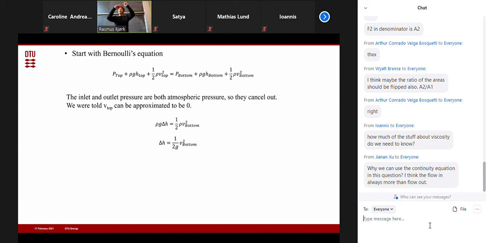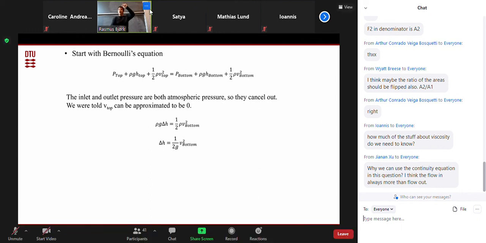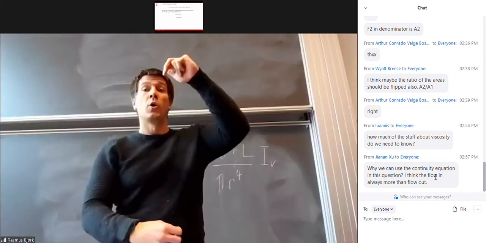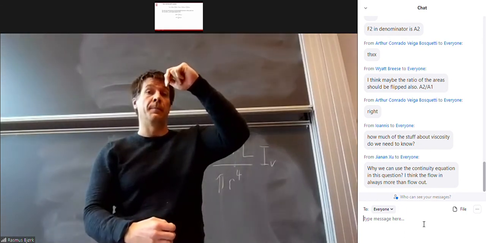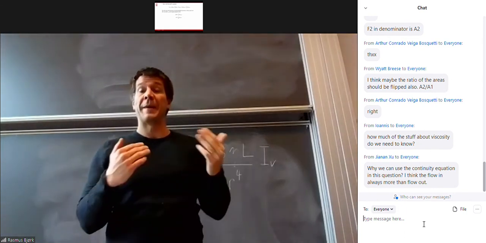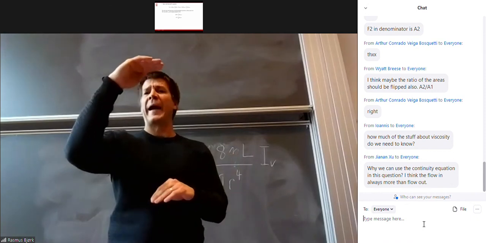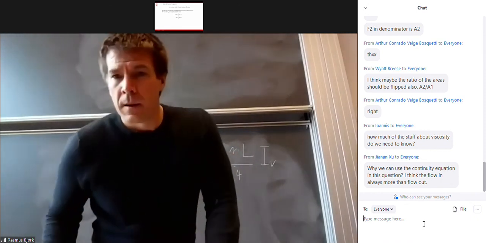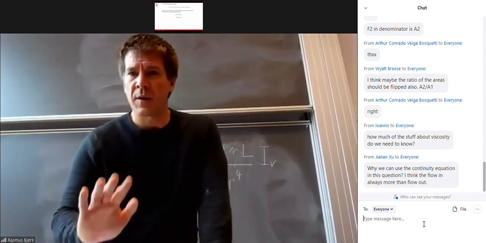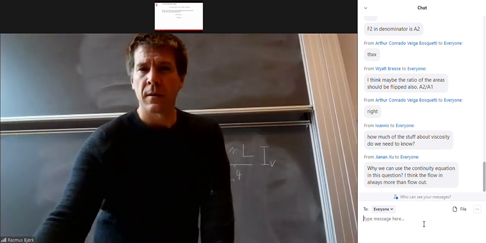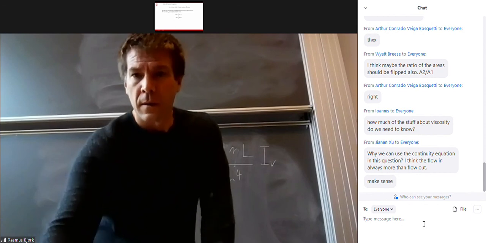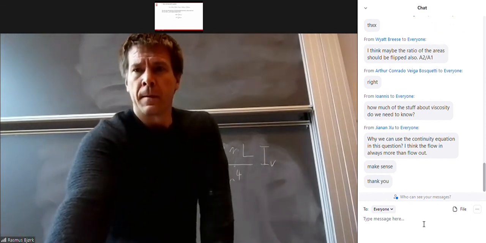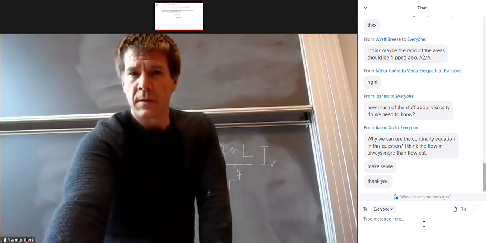So if we keep bringing in our liquid at the same rate and our velocity can go faster and faster, we're going to hit a point where we reach equilibrium, and those two forces balance out. That's kind of what they were asking, what that height was in this question. I hope that answers that question. Okay. Anything else?